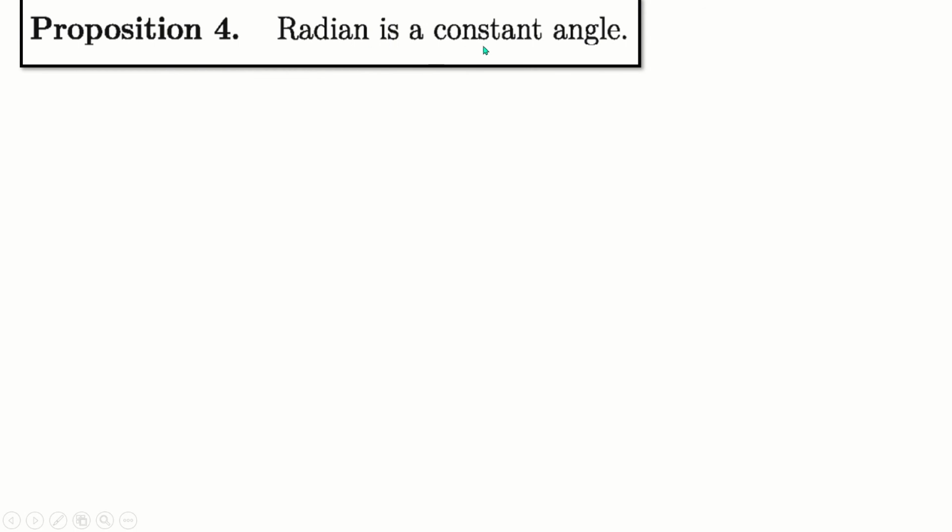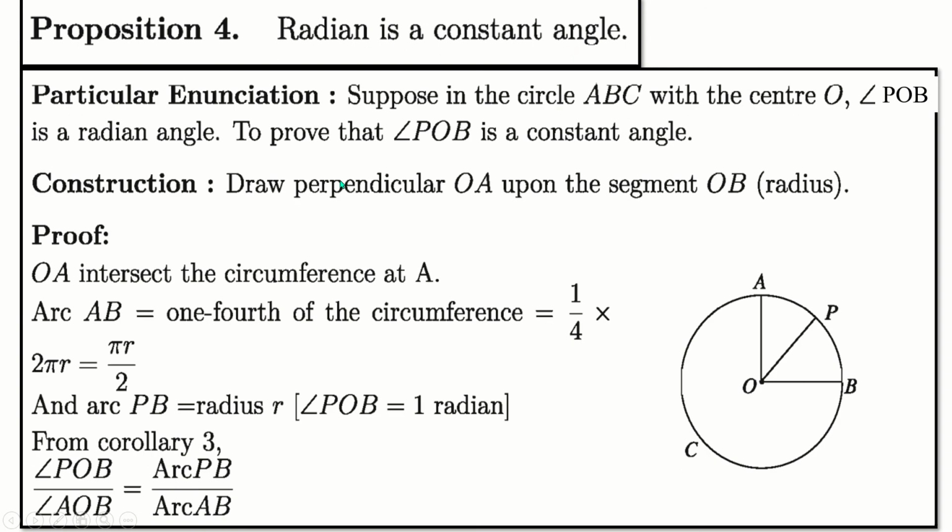Proposition 4: radian is a constant angle. We know the definition of radian. Radian means the angle produced by the arc equal to its radius. That means angle POB is a radian angle, because OP or OB and PB all are equal.